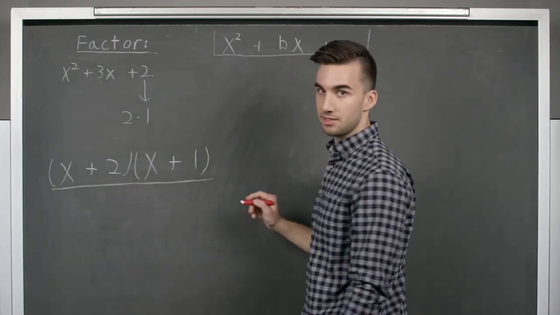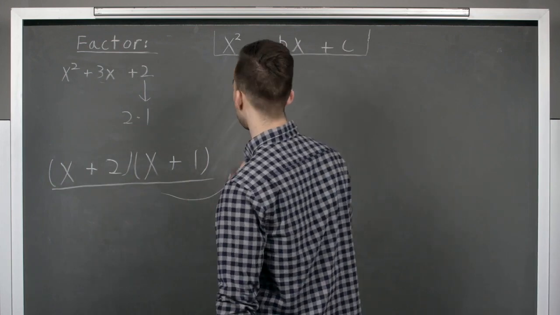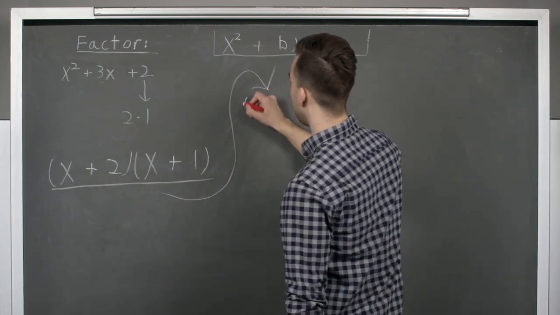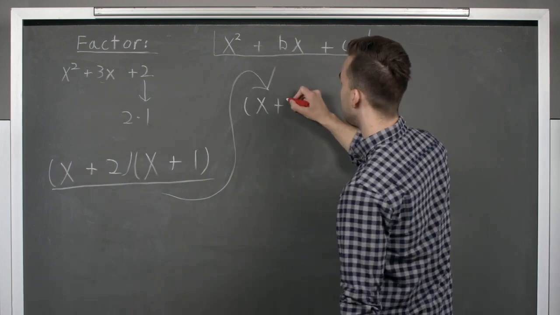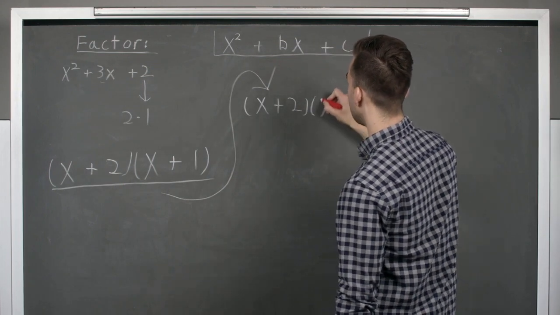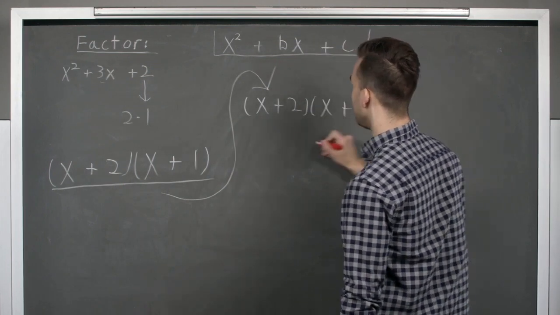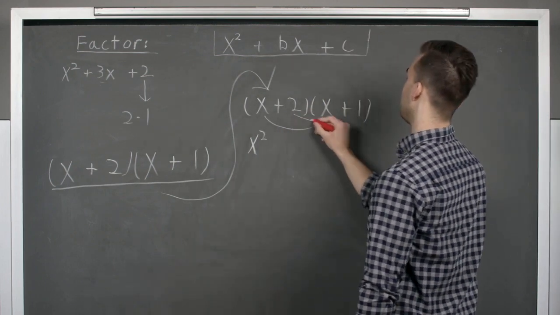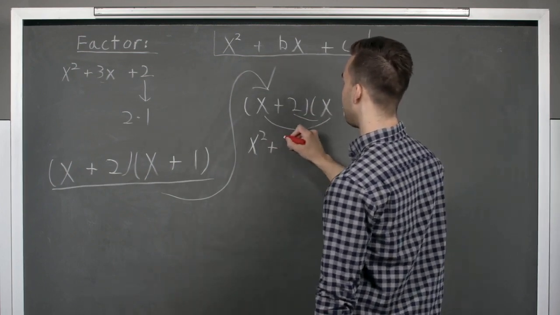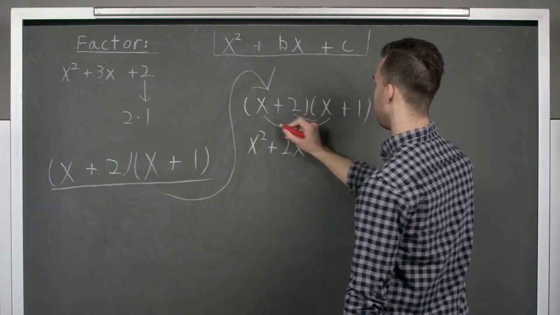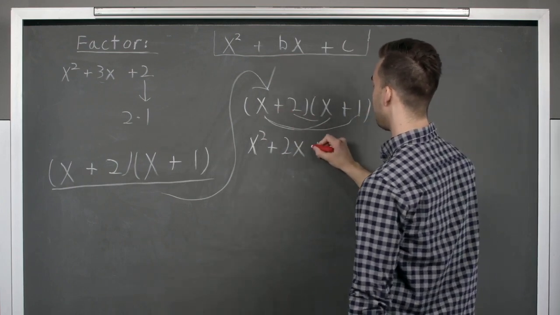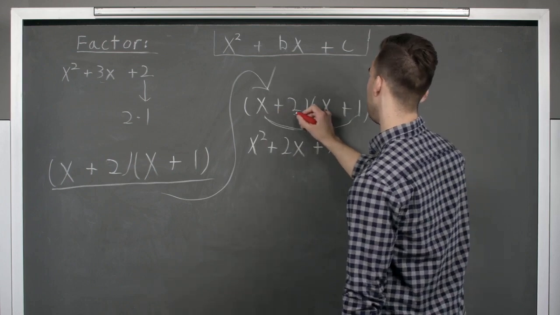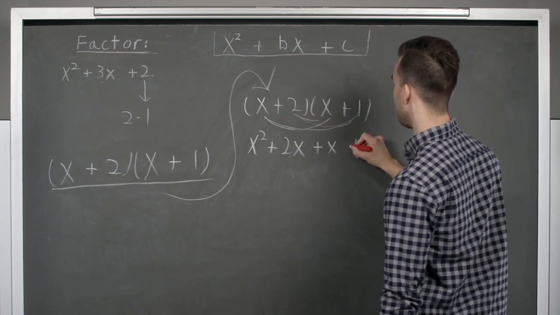But let's go ahead and check it just to make sure. Check x plus 2 times x plus 1. So x times x is x squared plus 2 times x, and then plus 1x, and then we have plus 2.